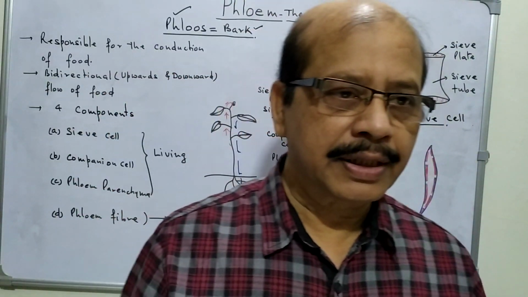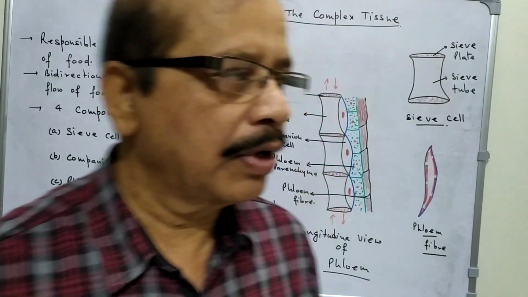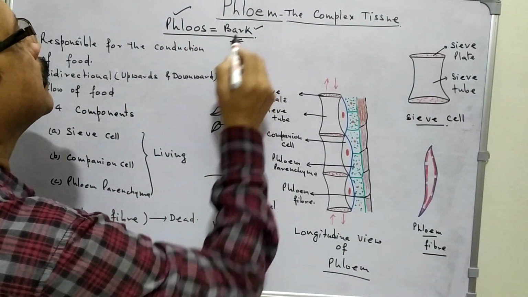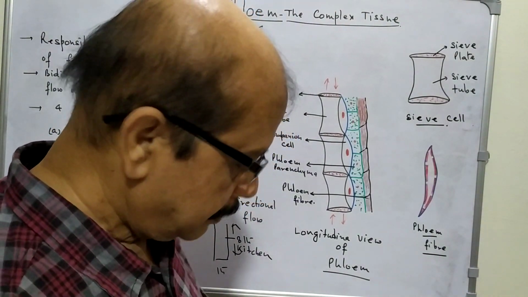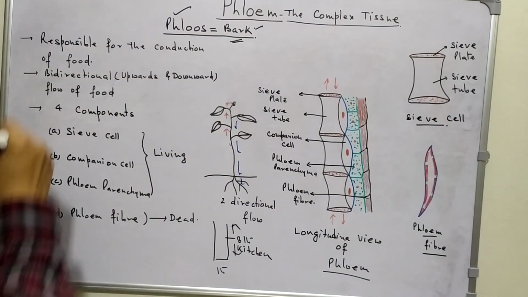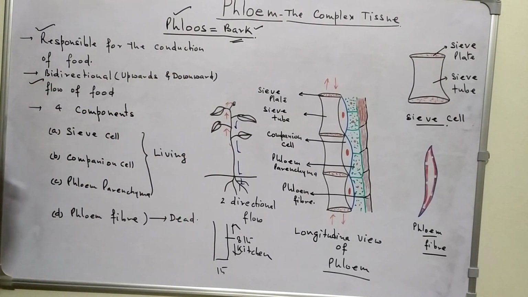So later on they form the bark of the tree. So the phloem is known as bark. Responsible for conduction of food, bidirectional conduction, that is upwards and downwards.